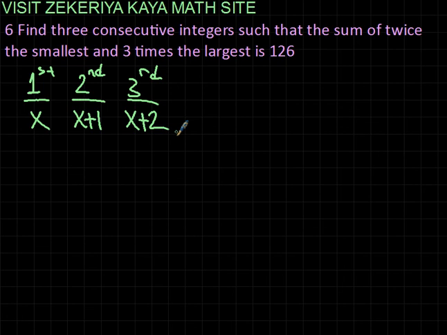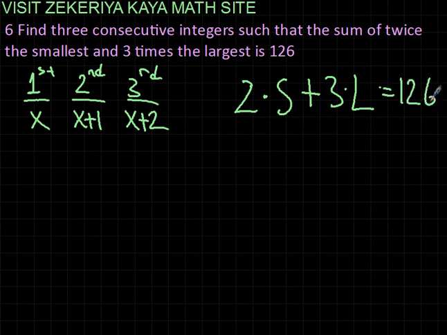Now the part to make the equation is given differently: the sum of twice the smallest and 3 times the largest. So, twice the smallest plus 3 times the largest must be equal to 126.